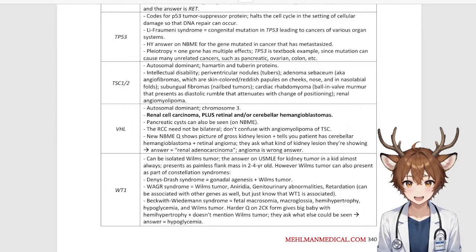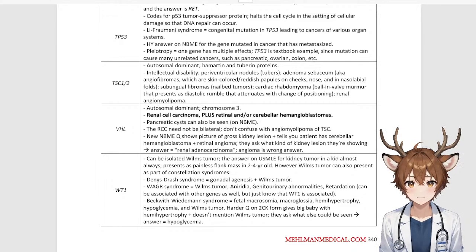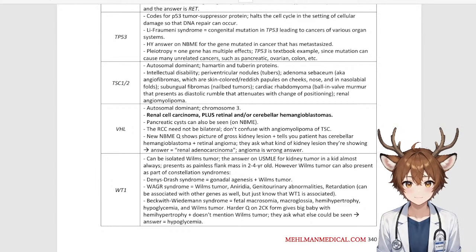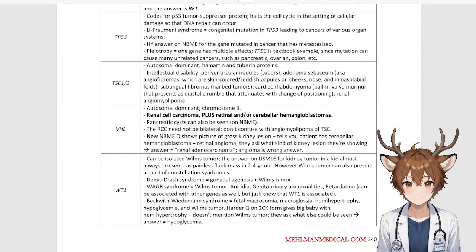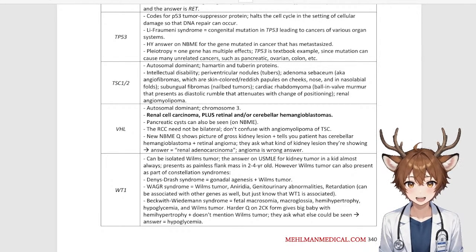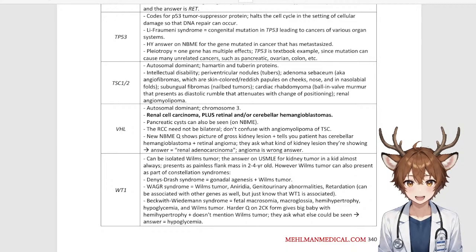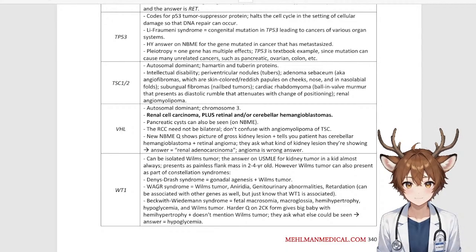So they're talking about it from a very acute perspective, talking about the kidneys and hemangioblastoma as well. For some reason they don't want to say it's the actual VHL syndrome. They just say VHL, and you're supposed to just intuit that. I'm not sure what they're going for.